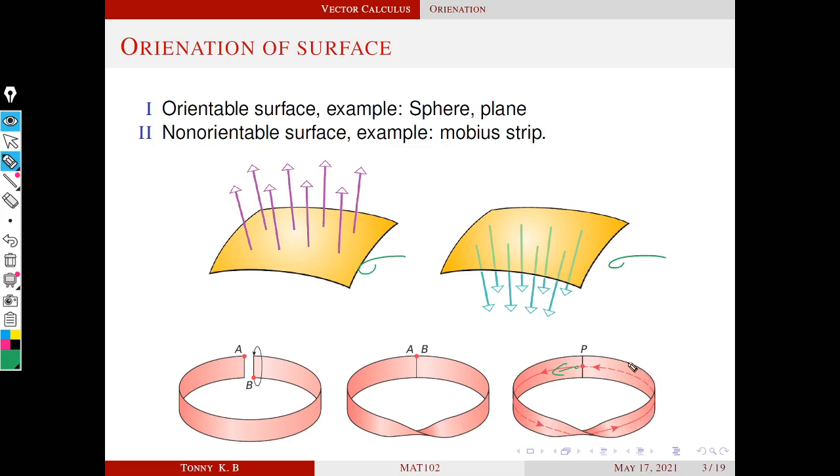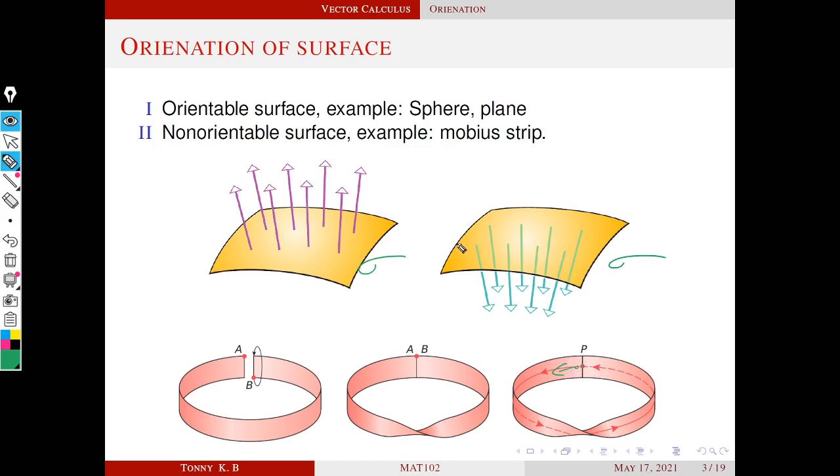Again you move through the outside, again you come to this point, then again you twist 180 degrees, so you go through the inside of the strip and end at the same starting point. That means you can cover the entire side, inside and outside. The Mobius strip has only one side. You can cover the entire side without crossing the edge.